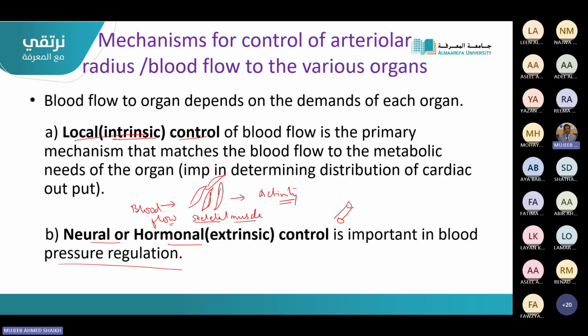This is extrinsic because it is not lying here within. Something coming from outside causes the vessel to become dilated or constricted. Either a hormone will come or some neural signal will come. Both are coming from outside. That's why it is called extrinsic control.